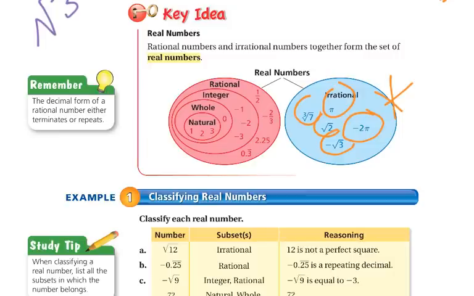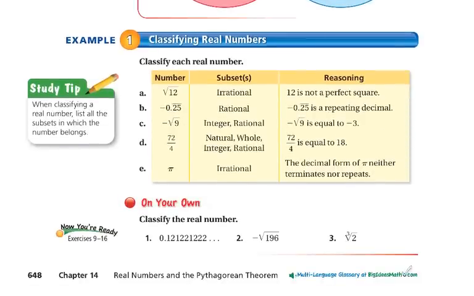If you look down below here, it also gives you an additional list of different examples and why each would be considered rational or irrational. So you have the square root of 12. Why is that irrational? Because it's not a perfect square. You have a negative 0.25 with a line over it. Well, that is rational because it's a repeating decimal. Repeating decimals are rational.